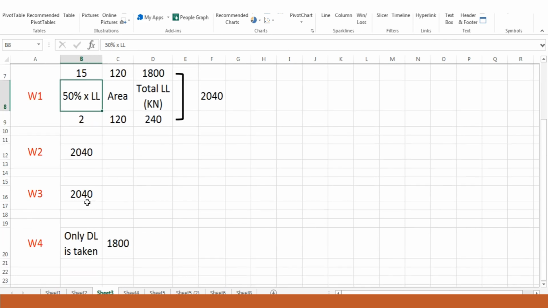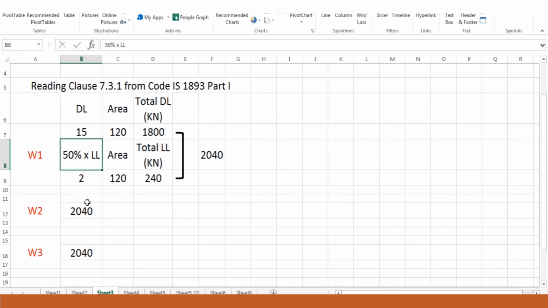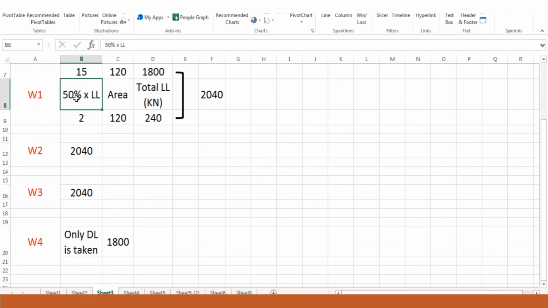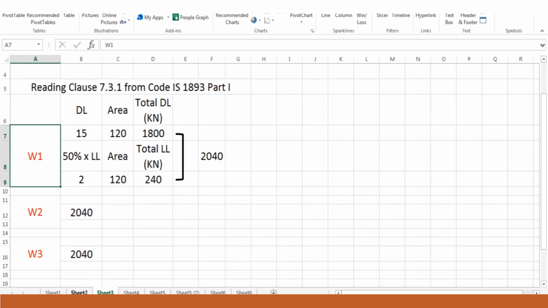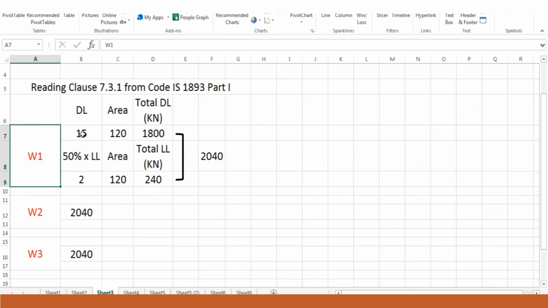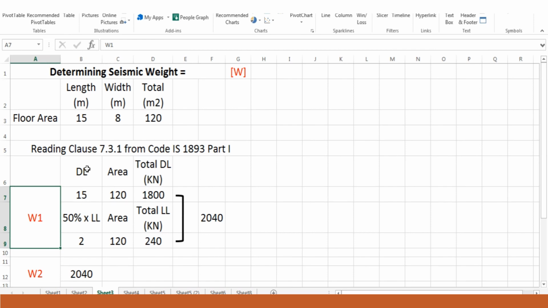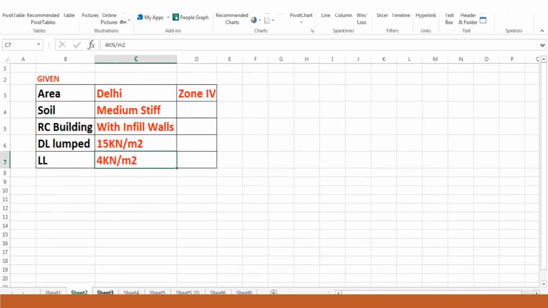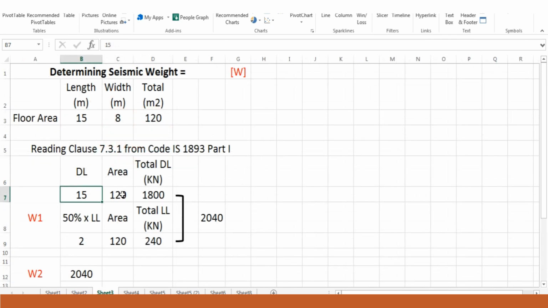Now when we are calculating the live load, let us first of all determine the seismic weight W1. W1, as we know, is for the first floor, and the seismic weight for the first floor would be the dead load first. It would be 15 kilonewton per meter square, as given to us, into area. The area is 120 meter square. The total dead load would be B7 into C7, that is 15 into 120, which is 1800.